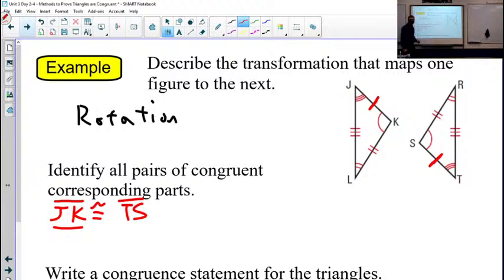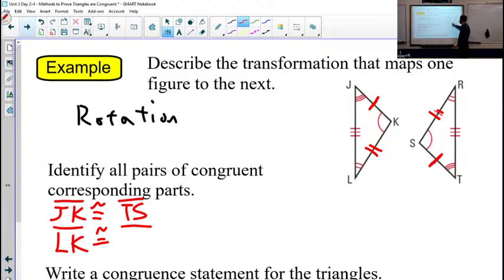Next, I'm going to go to the side that has 2 tick marks. That is L to K. So segment L to K needs to line up with the side with 2 tick marks over here.